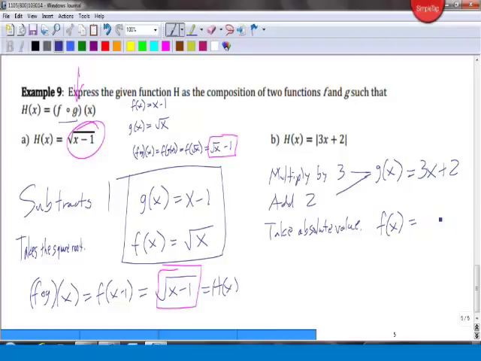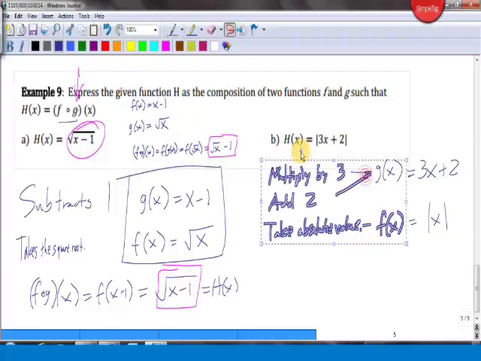If it comes down as positive, F says, cool, I'll just keep resting here. So anyway, f, all it has to do is take the absolute value. So that's one way to do it, and you can show that f composed with g of x is h.